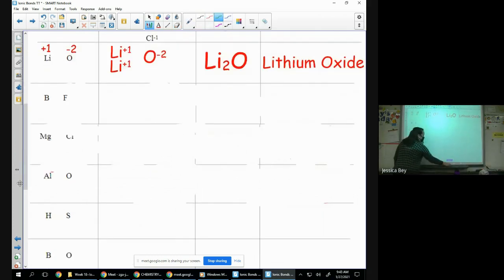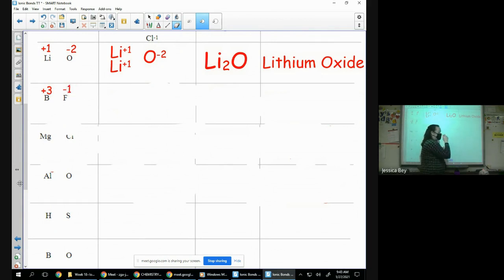Boron and fluorine, when they react together, what is the charge of a boron? +3, thank you. Fluorine, -1. Awesome. So let's draw it out. I'm going to have one boron as a +3. And what if I have one fluorine? Is that neutral? No. How about if I have another fluorine? Is that neutral?